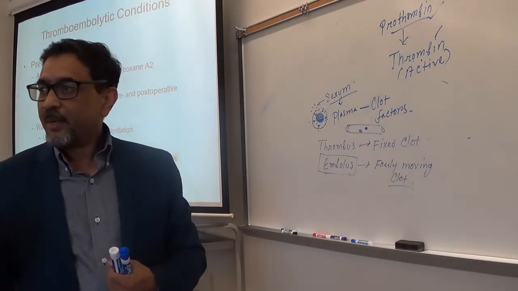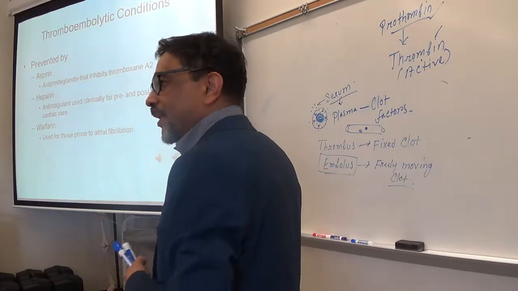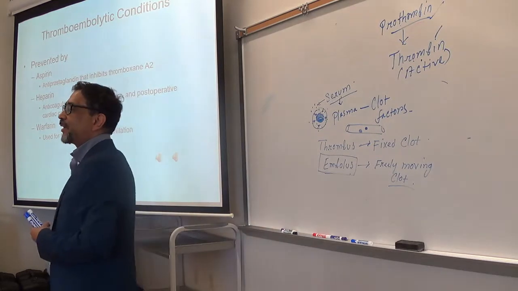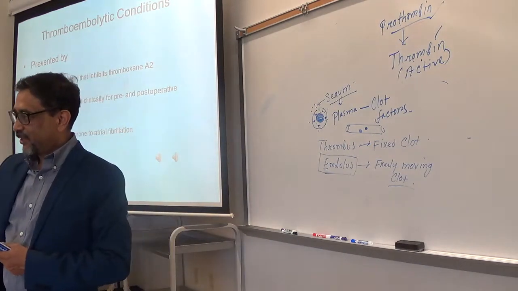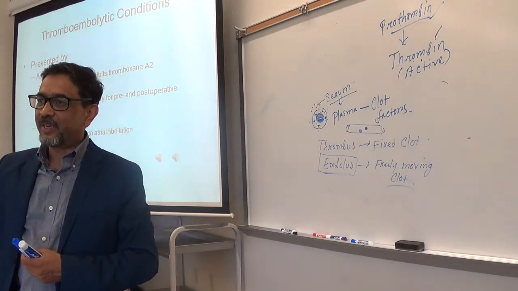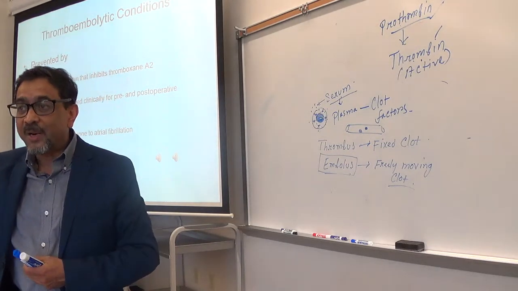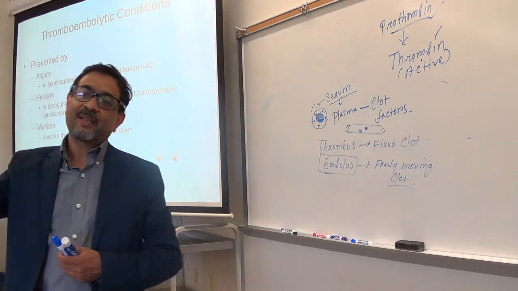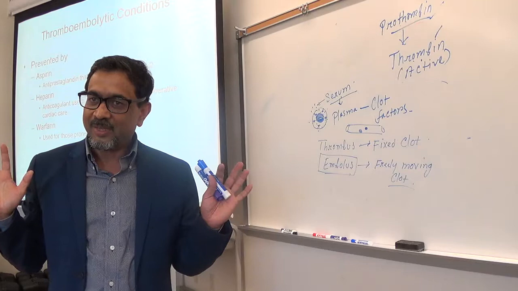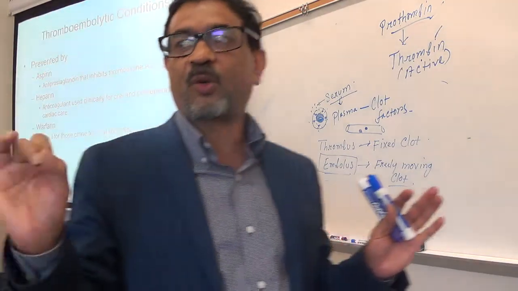Heparin is a natural anticoagulant. You must remember, I mentioned in the last class when I was talking about the 5 different types of white blood cells, that basophils release heparin. Make sense? So basophil is the main source of heparin.